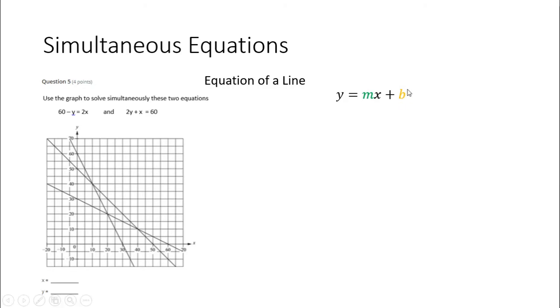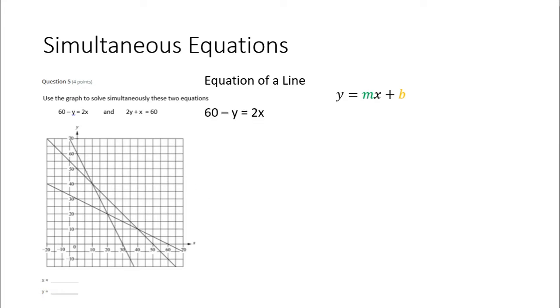Plus b represents the y-intercept, and I'm putting that in yellow so that you remember y-intercept. Some people actually write that as y equals mx plus c, and c you can think of as the crossing point where it crosses the y-axis. So writing your equations of your lines in this format should make it easier for you to figure out which lines these are by seeing how steep they are and where they cross the y-axis.